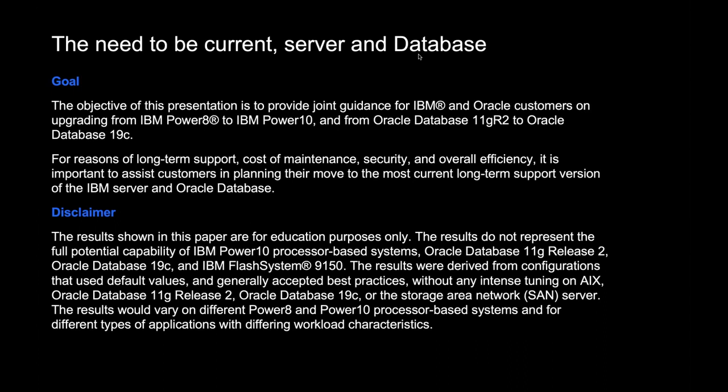Maintenance costs are higher on older releases such as 11GR2. Security, especially now that 11GR2 is passing out of support and into market-driven support, will become more of a concern. And we think overall efficiency, and we'll present some of that. So there are all these important elements of this.